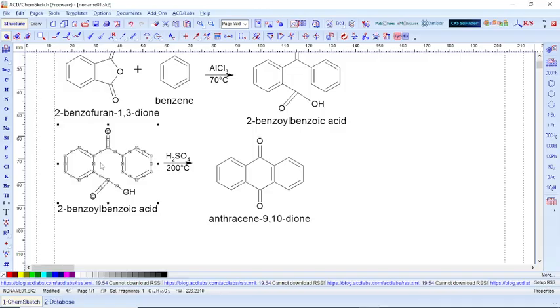Since I will need 5 gram of benzoic acid, what quantity of phthalic anhydride and what quantity of benzene will I react that will give me the 5 gram of benzoic acid, which will further proceed to the second reaction to produce the 10 gram of anthracene-9,10-dione. So this is what will be in your mind.